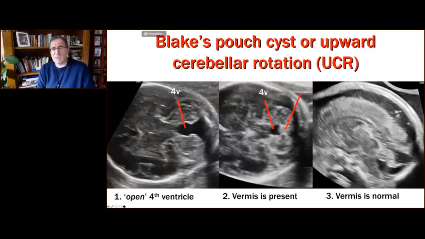And the axial plane of the open fourth ventricle was actually the same that had been described in CAT scans of Dandy-Walker malformation. So we made a diagnosis of Dandy-Walker malformation in some of these fetuses, and some of these patients requested a termination of pregnancy. And after that, pathologists demonstrated that the cerebellar vermis was normal. So that is how we discovered this entity.